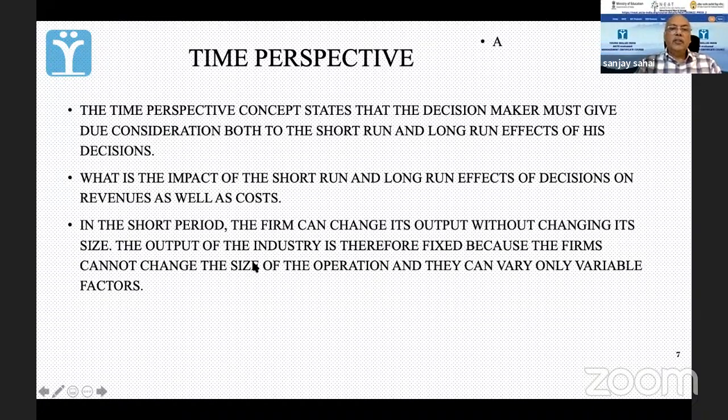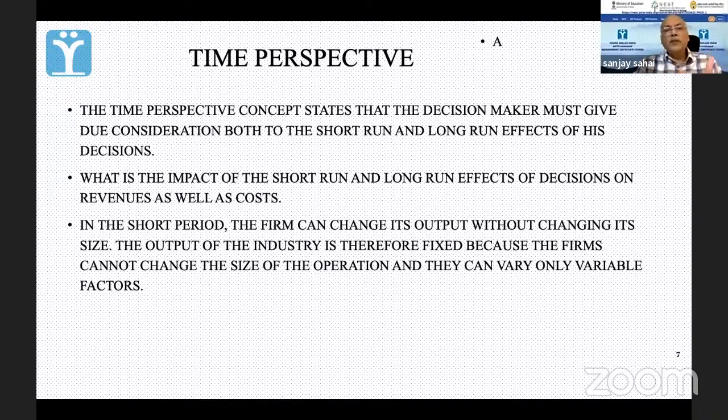So in the short period, the firm can change its output without changing its size. Let's say the firm has a certain amount of capacity. Let's say it has the capacity of producing 10,000 units. It's presently producing 7,000.